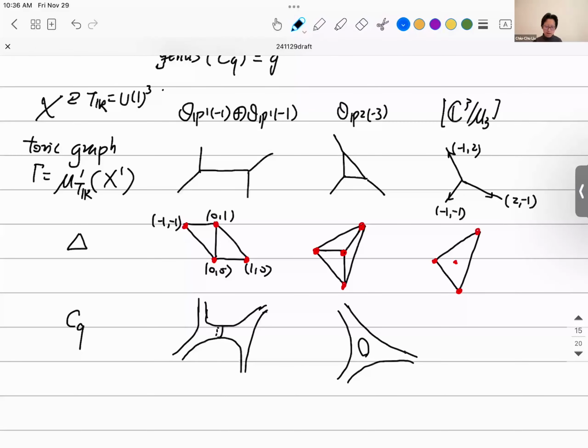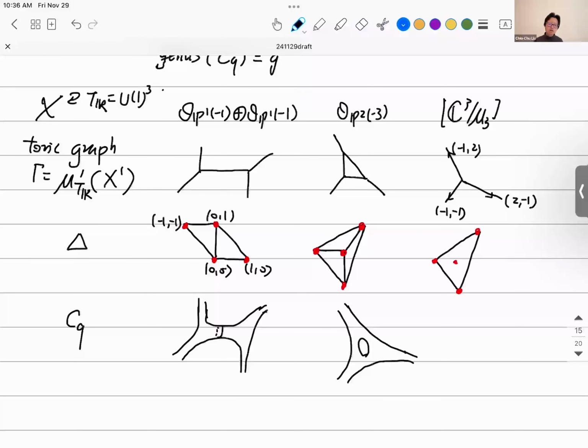So now let's look at local P2, O(-3) over P2, which we have written. So now using this moment map of the compact Calabi-Yau torus, we can obtain this graph. And we see that we have a triangle, which is the image of the zero section P2.